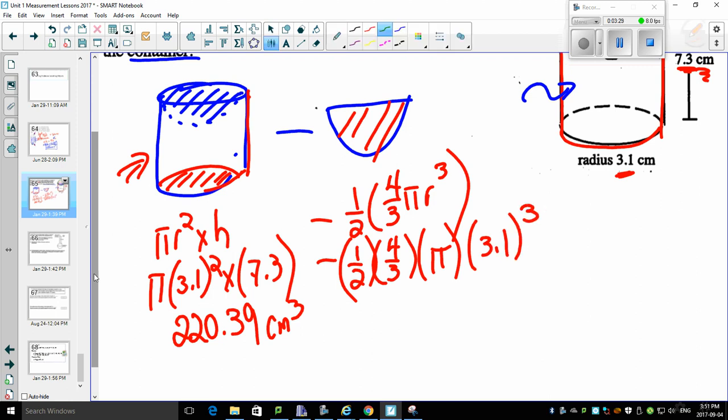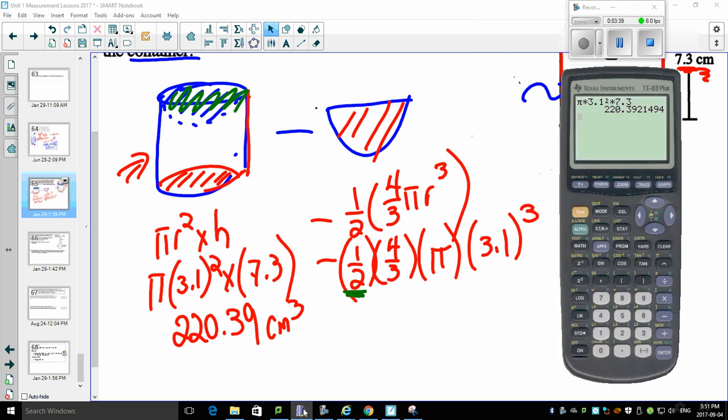And this has to be half because only half of the ball is taking away the volume here. I'm not clearing this, because I'm going to show you again how to use the second answer function. So here's our calculation: 1/2 times 4/3 times pi times 3.1, and this time it has to be cubed.